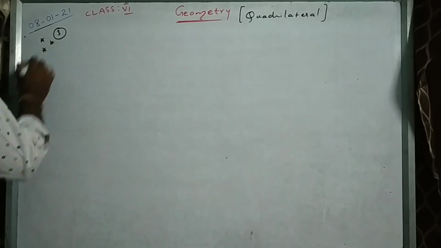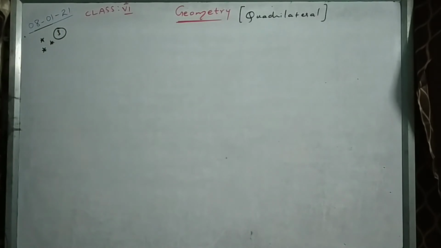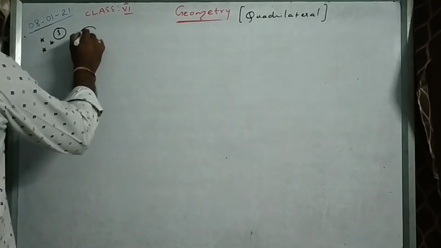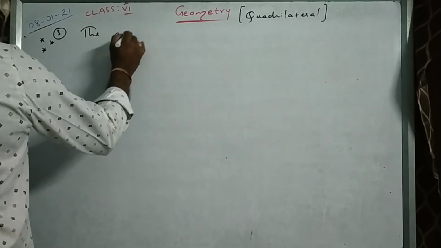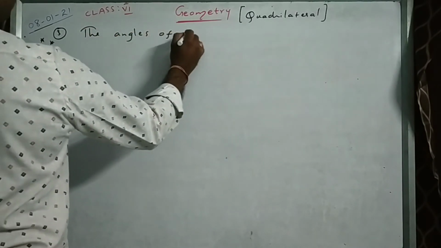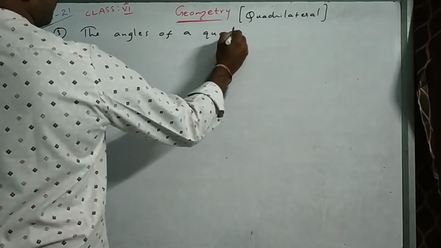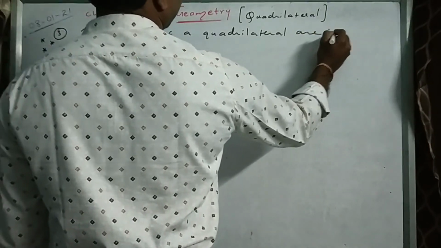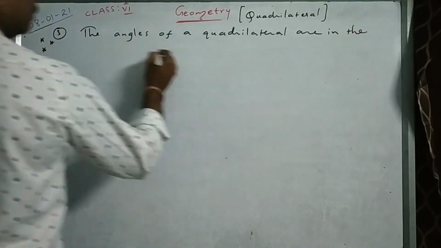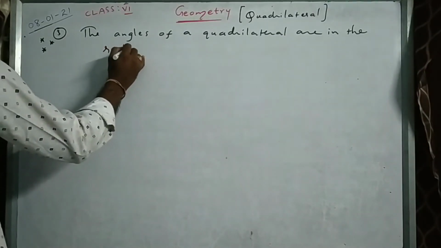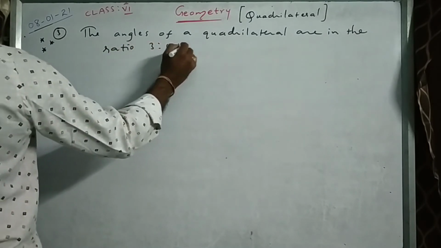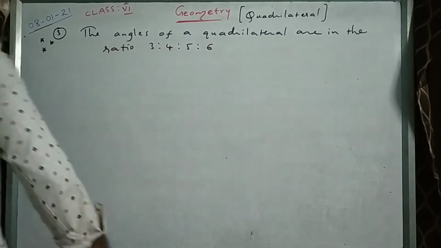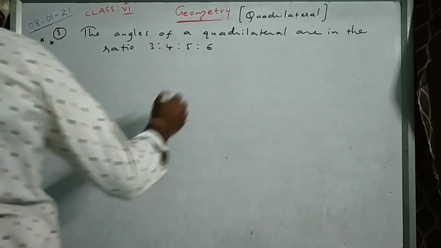Important problem. The angles of a quadrilateral are in the ratio 3:4:5:6. Find all the angles.